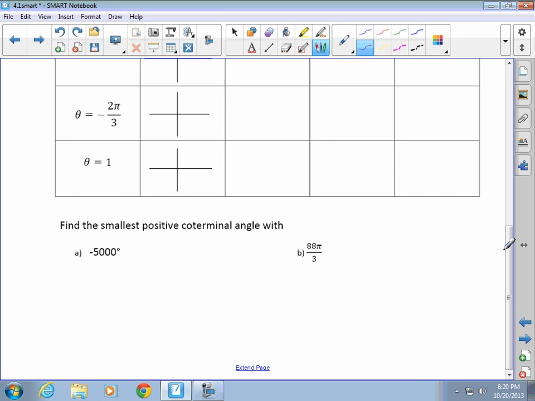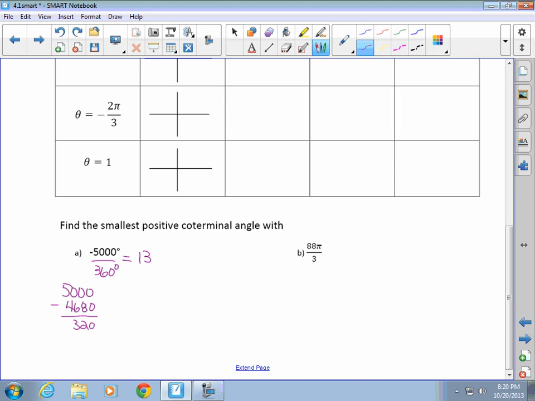Okay, so what we want to know is how many times 360 degrees will go into there evenly. If I divide 5,000 by 360 degrees, it's going to go 13 times, but it leaves me with a remainder. 13 times 360 is 4680. For right now I'm just forgetting about my negative sign, but if I subtract 5,000 minus 4680, that leaves me with 320 as a remainder.